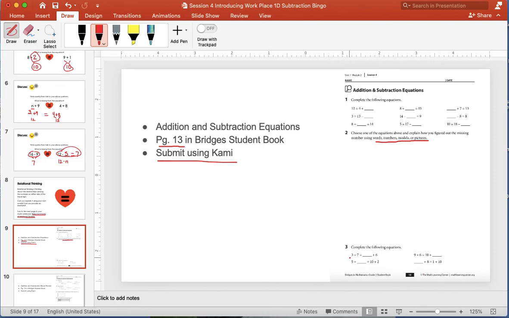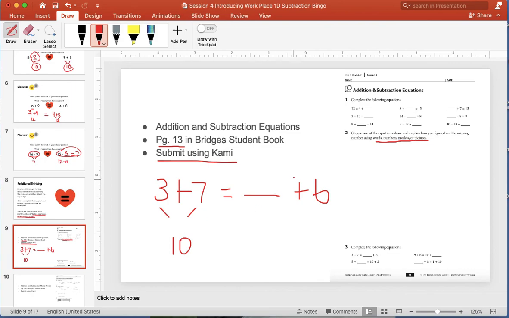Let's do the first one together. 3 plus 7 is equal to blank plus 6. I want to find out what 3 plus 7 is first. I know 3 plus 7 is 10 because I know my facts.